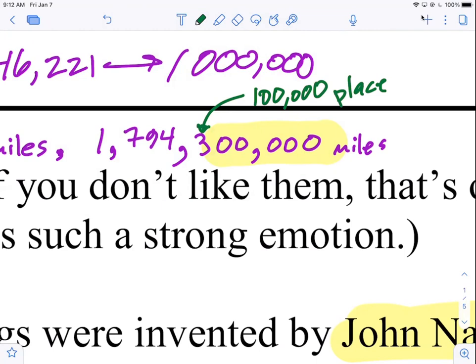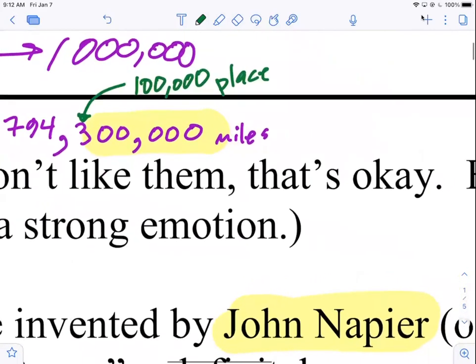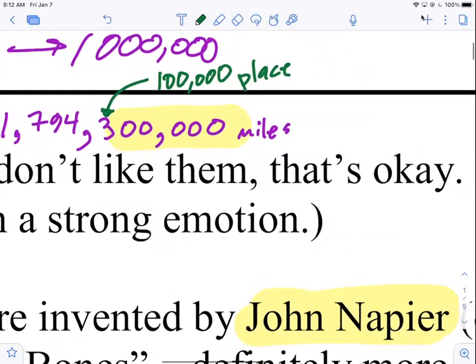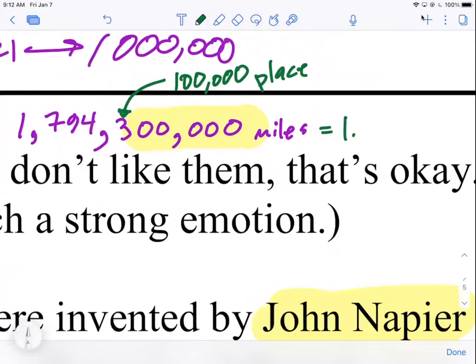Now, do we have another way that we can write this number other than with the verbal tag at the end, billion, which most people understand? Like if you were to write this number in your science class. We could write this as, whoa, easy there, 1 point, again, 7943.